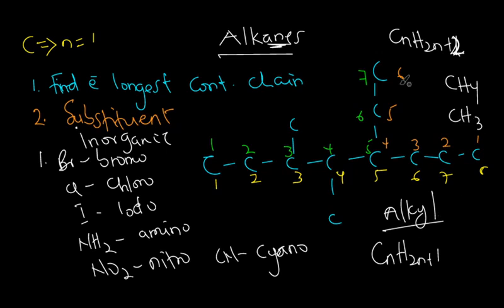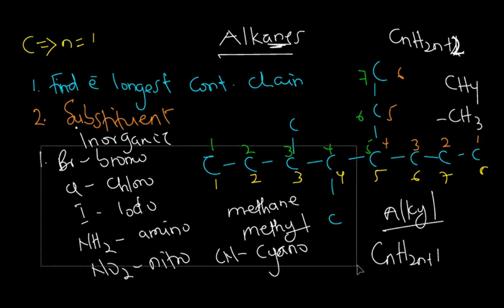So instead of being called methane, the CH3 will be called methyl. We only add the YL to the prefix meth to get the alkyl group. We'll be looking at this in much more detail when we try to name our organic compound.